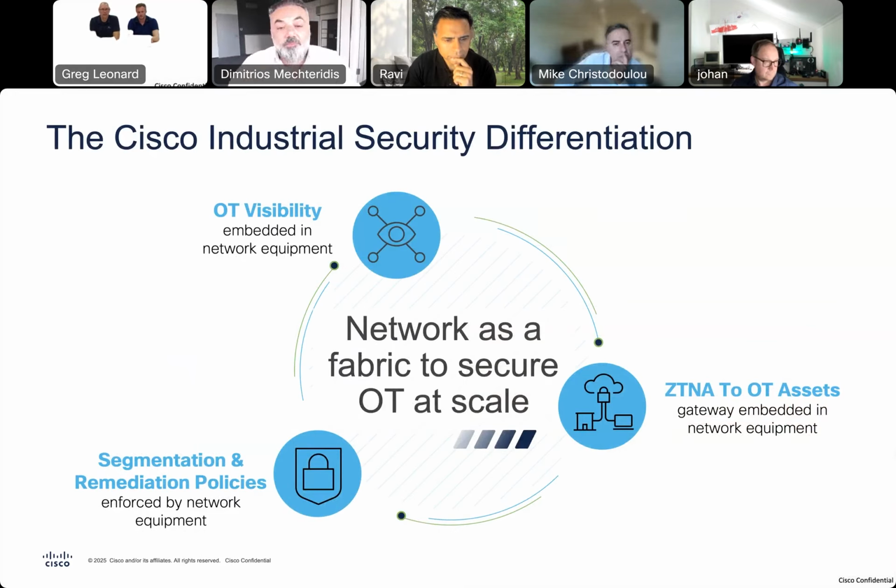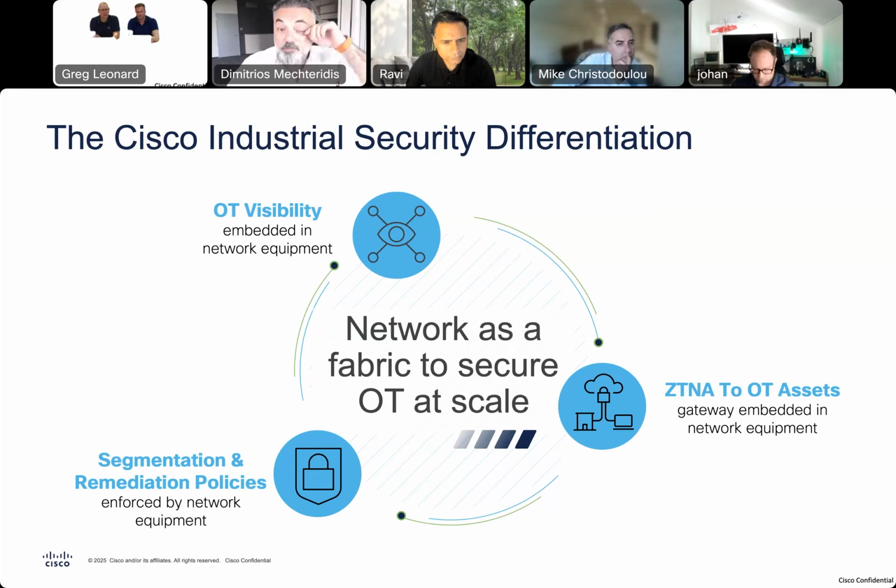So we look at network as a fabric to secure the OT at scale. We embed security into that fabric by layering in software. So for example, if you want OT visibility, we embed that into the network equipment. If you want zero trust network access to OT assets, well, guess what? Again, we layer that software in and we provide a gateway from a software perspective embedded in the network equipment.